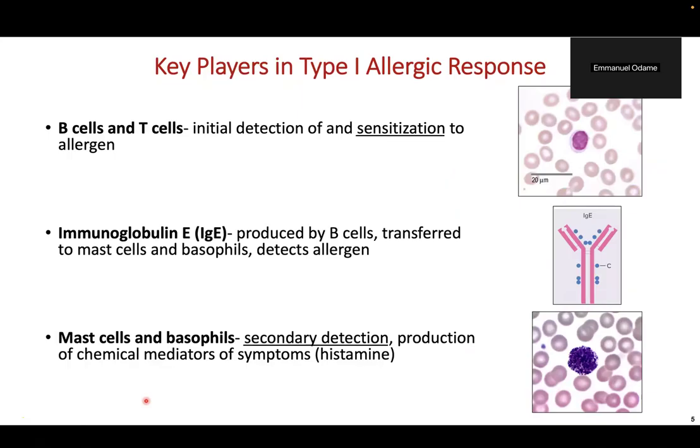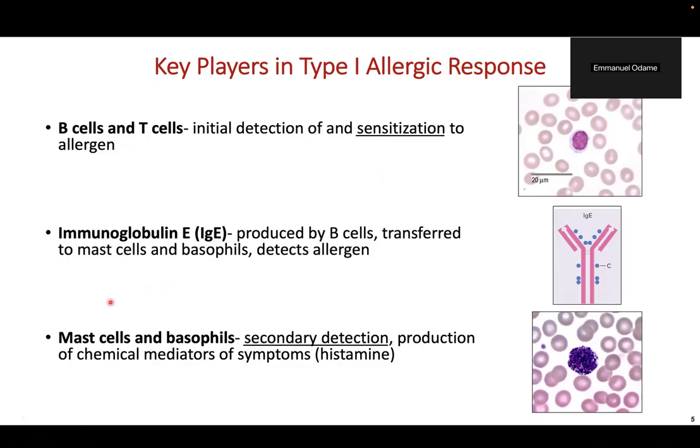So some of the key players in a type 1 allergic response are usually the B cell and the T cell, which are used for initial detection and sensitization to the allergen. Then B cells will always produce antibodies. The most common antibody involved in this process is immunoglobulin E, which is produced by B cells.